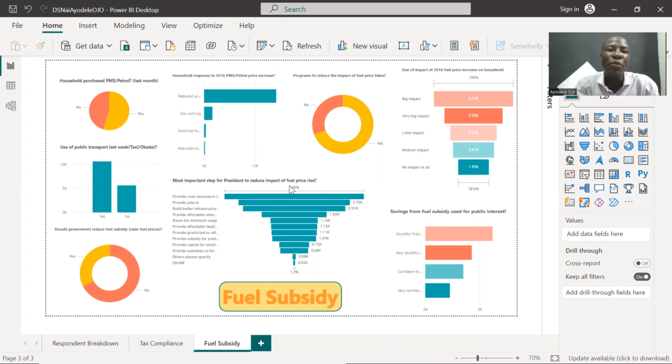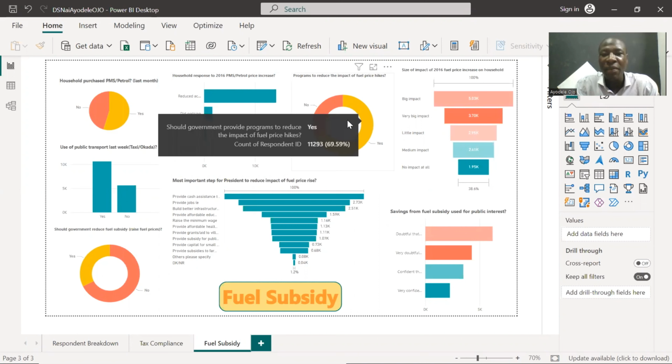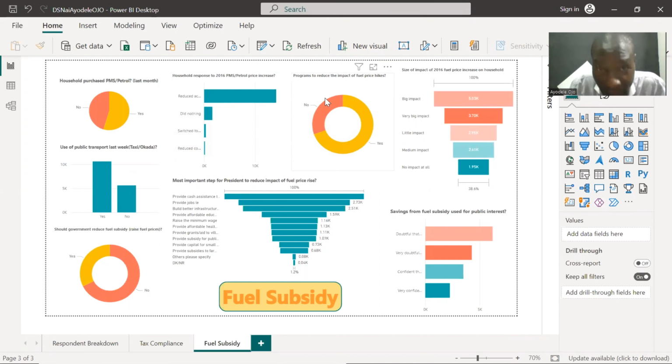We saw that many people reduced activities which used a lot of fuel. Many people did that, and many people want government to provide programs to reduce the impact of price hikes.